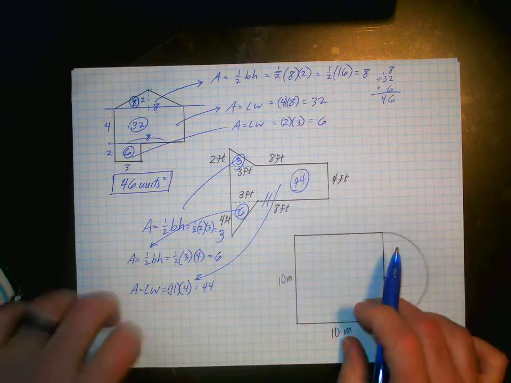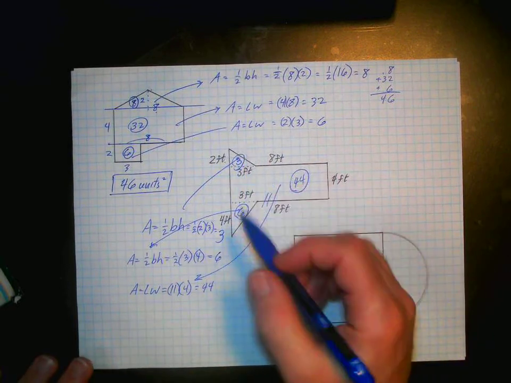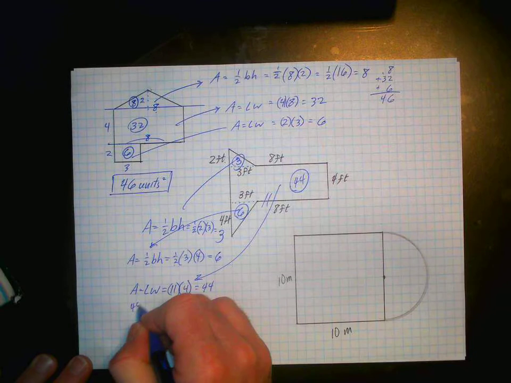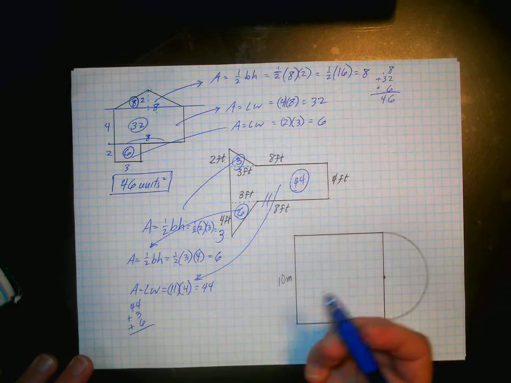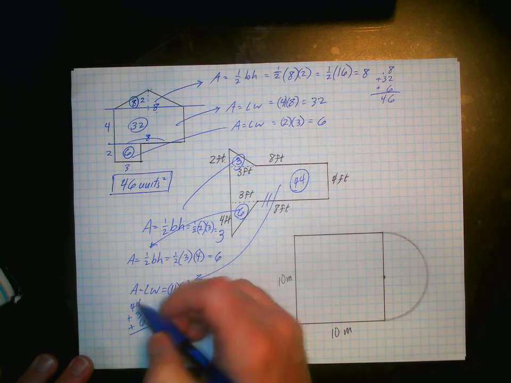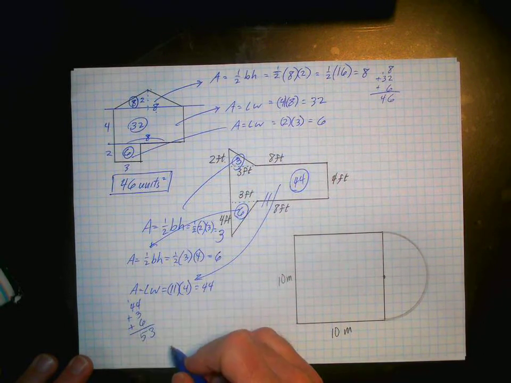Now, if you'll remember what I said about this earlier, the 44, 3, and 6 are all circled, so I have to add them up to finish this. So 3 plus 6 is 9, plus 44 is 53.